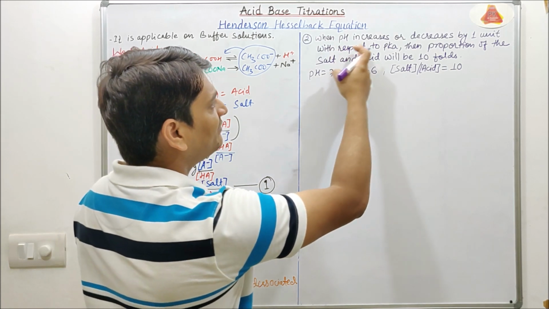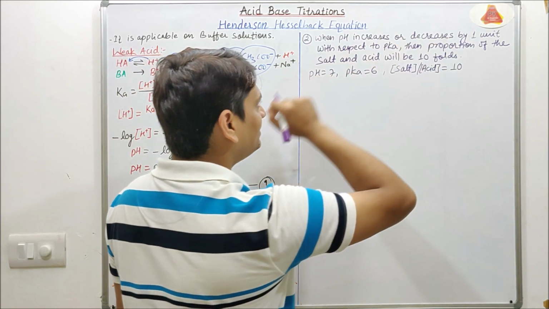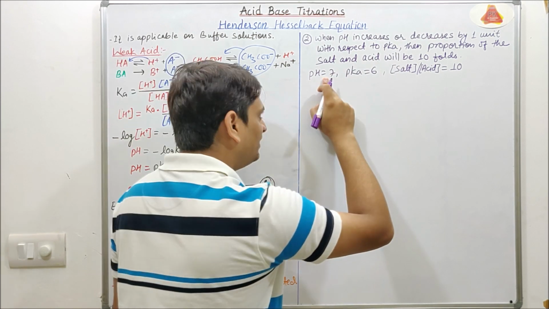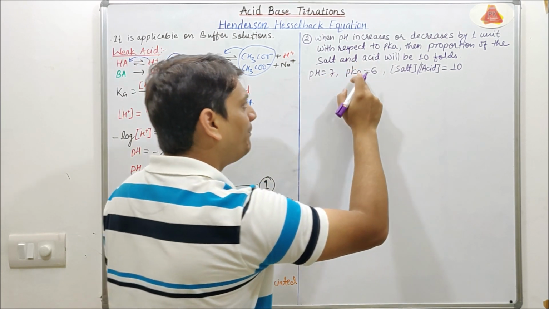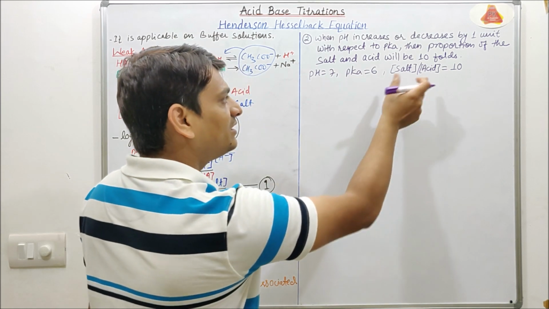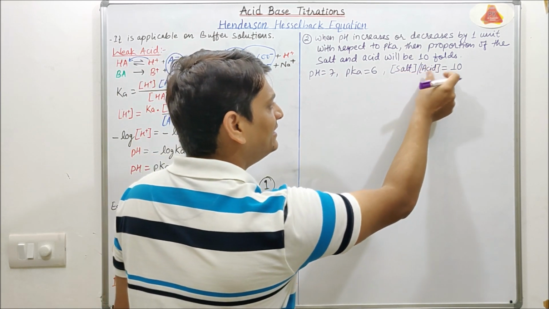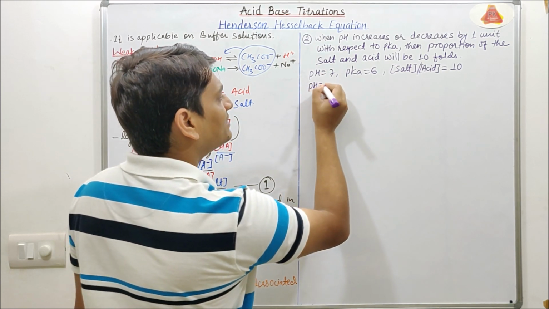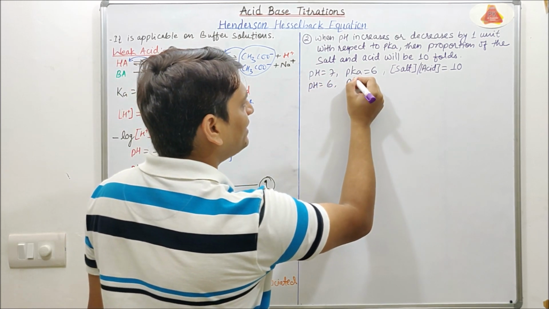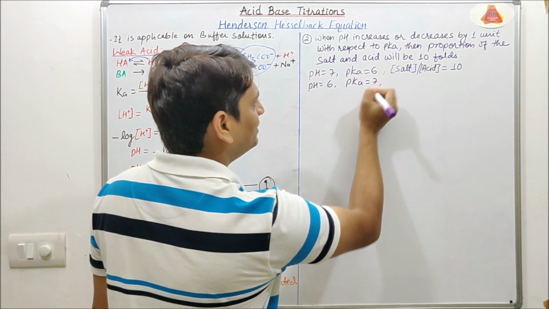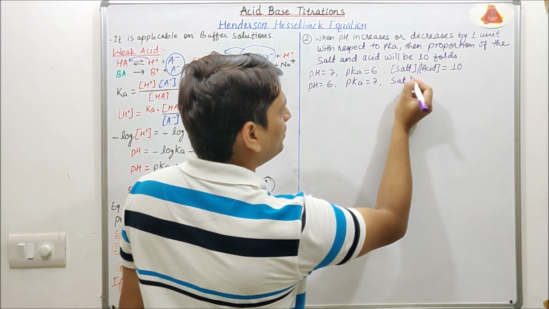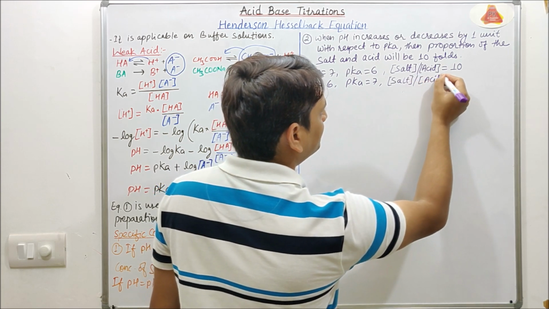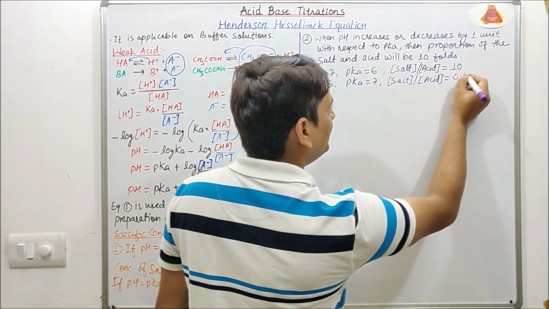So here it is saying when pH increases or decreases by 1 unit with respect to the pKa, so pH is 1 unit more with respect to pKa, so here the ratio between salt and acid is 10. If we take another example where pH is equal to 6 and pKa is equal to 7, in that case the salt to acid ratio will be 0.1.